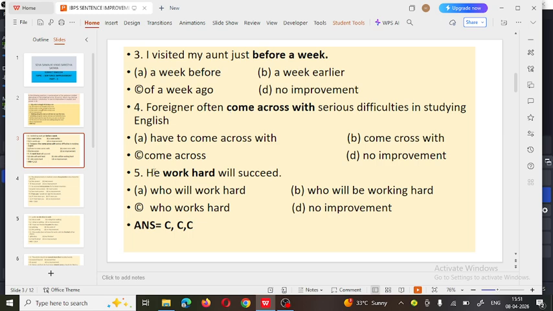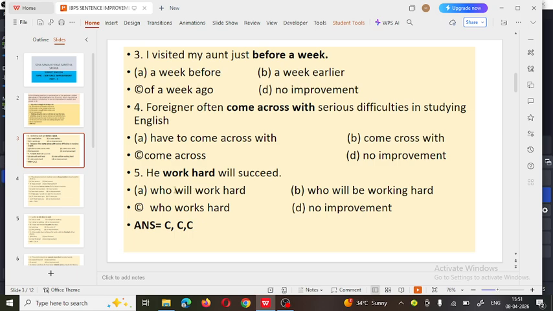Next. He work hard with succeed. Options are for this "work hard". Who will work hard? Because this "work hard" is an adjective, giving extra information about he.